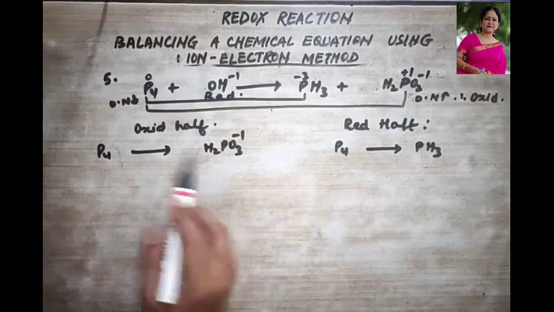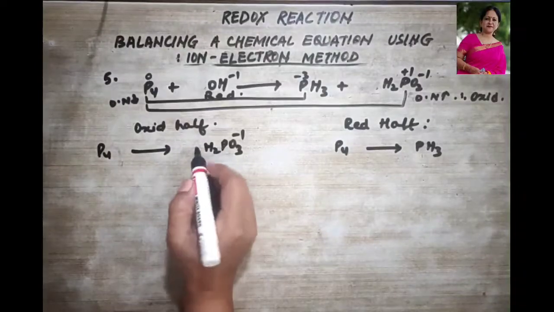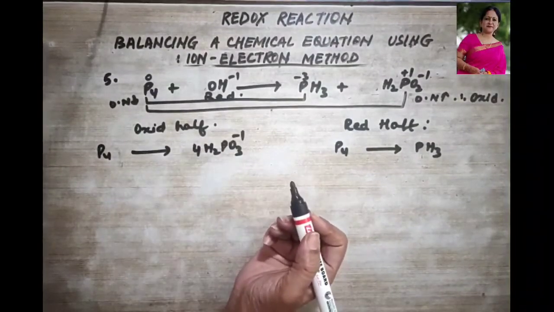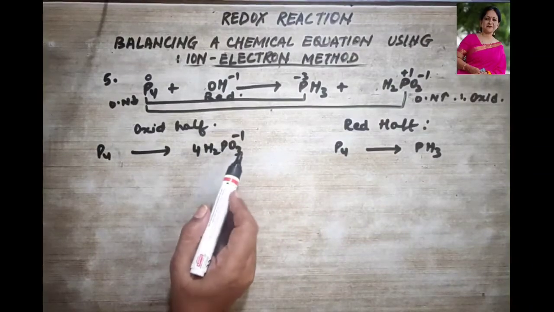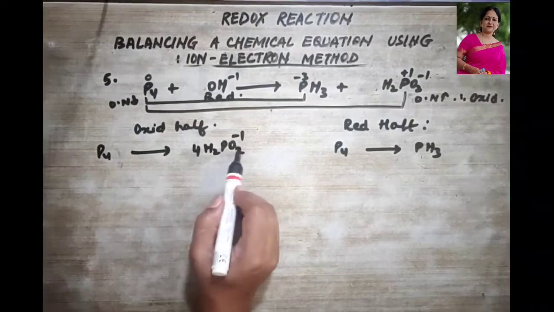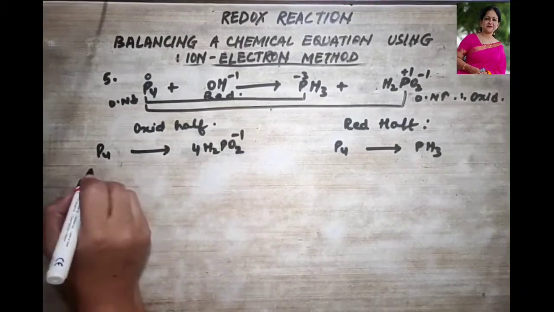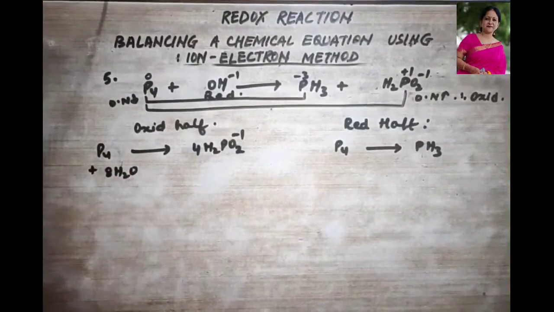We have to balance. Now over here it is 4 phosphorus and here it is just 1 phosphorus. So we add 4 over here. Now when we have added 4 over here, we have to balance oxygen first. There is no oxygen this side. 4 2s are 8. So we have to add 8 water molecules.